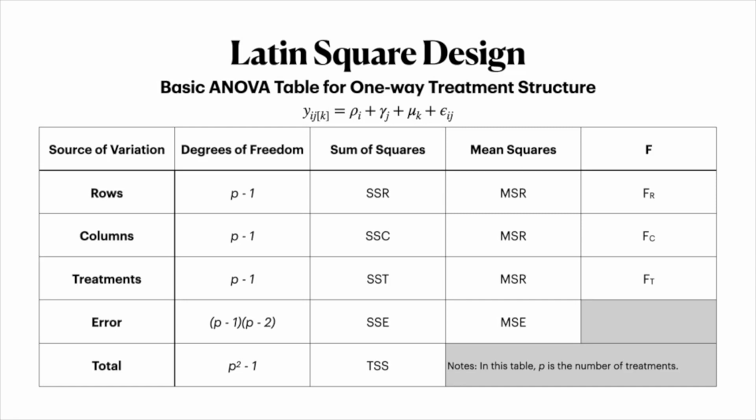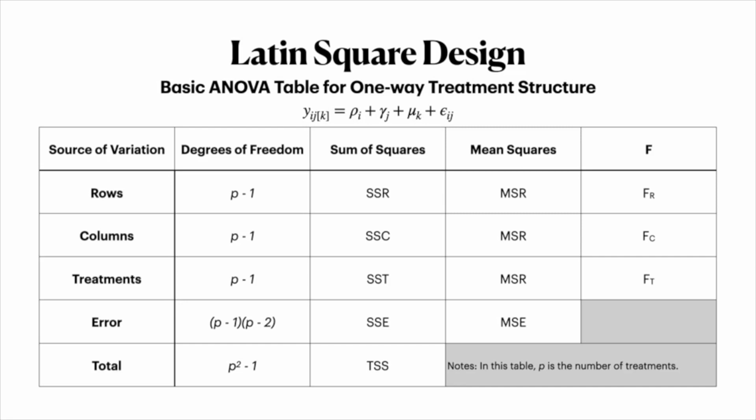The second row in the ANOVA table is for the columns in the Latin square as a source of variation, and that corresponds to the gamma sub j in the model. The third row is the treatments as a source of variation, and again that corresponds to the mu sub k in the model. And then finally, we have the error source of variation in the ANOVA table, and that corresponds to the error term, the epsilon ij in the model.